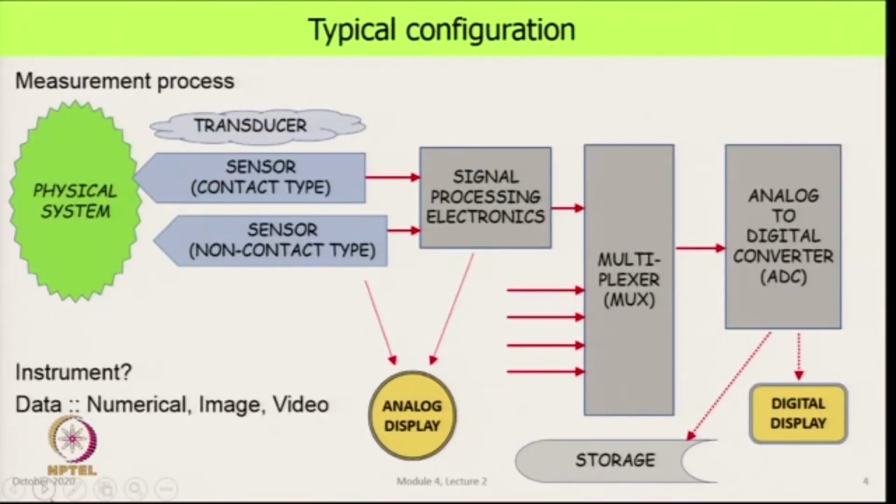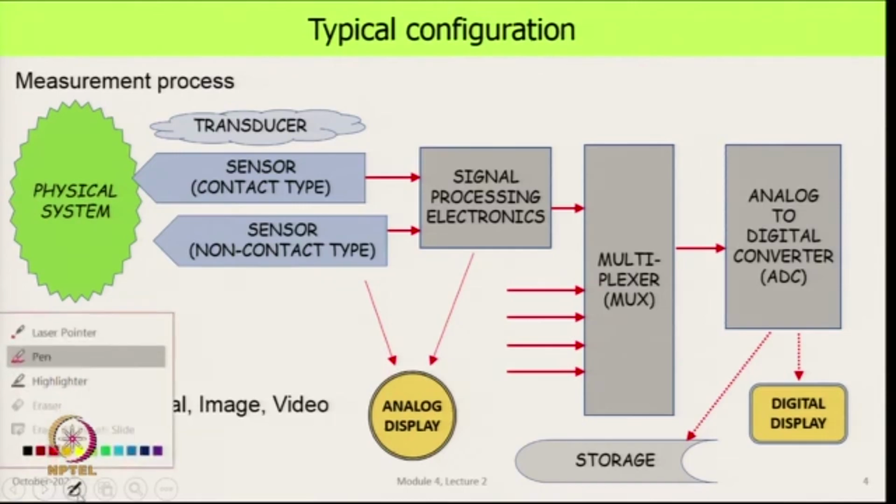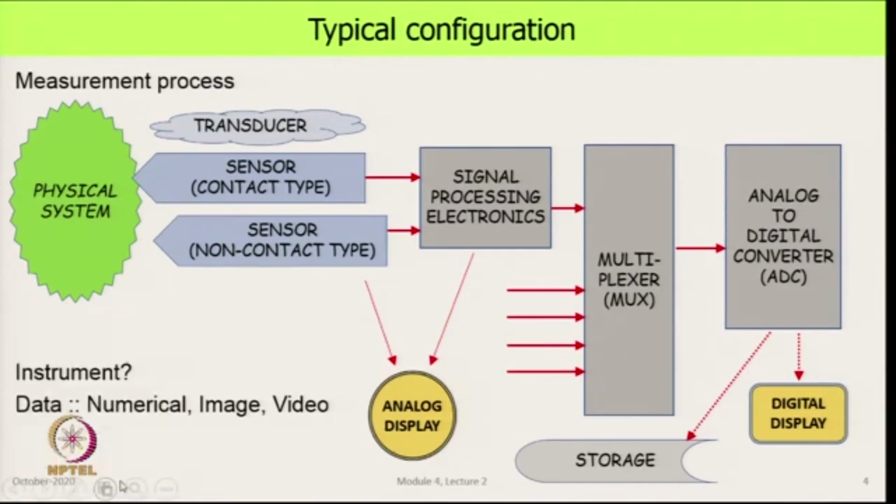So, the typical configuration that I had shown earlier as a sketch is again reproduced here in a little more detail. And what we have here is the first point, this is the physical system, from which either you have a contact type of a sensor, which means it is in physical contact with the domain and the two are interacting with each other, or it is a non-contact type of a device which does not disturb the system at all, sits outside of it and collects all the information that is required.